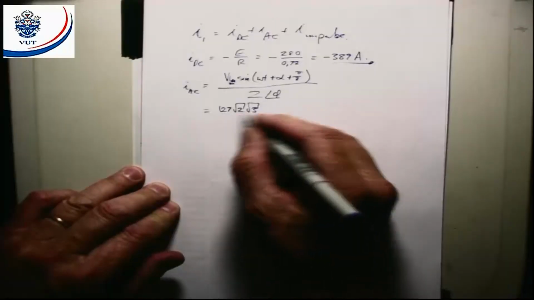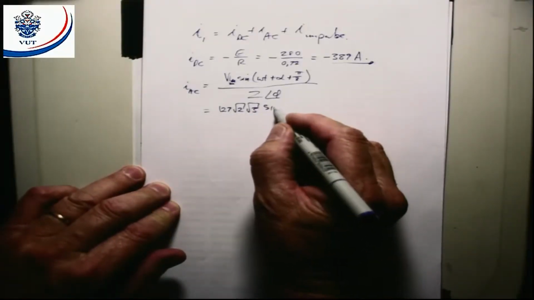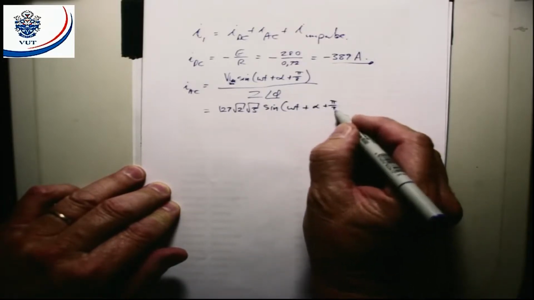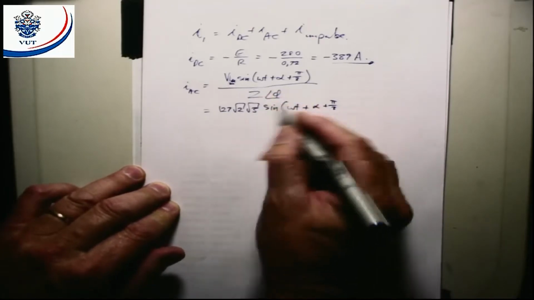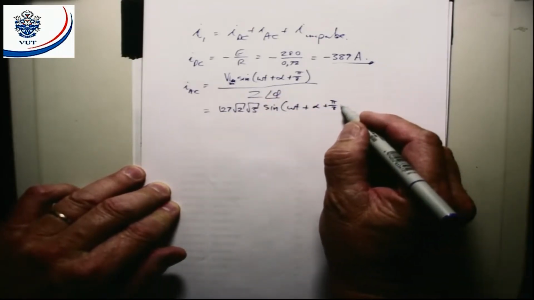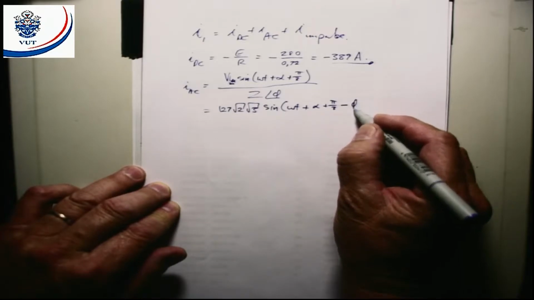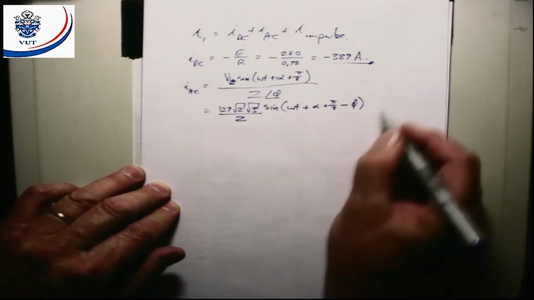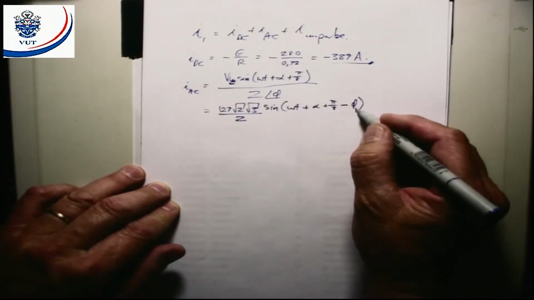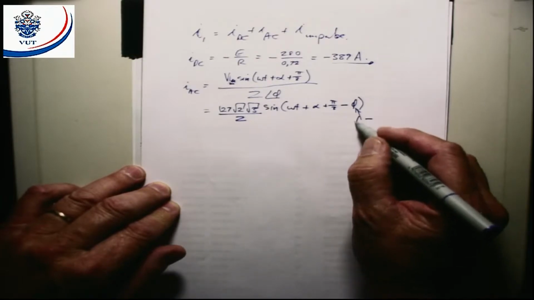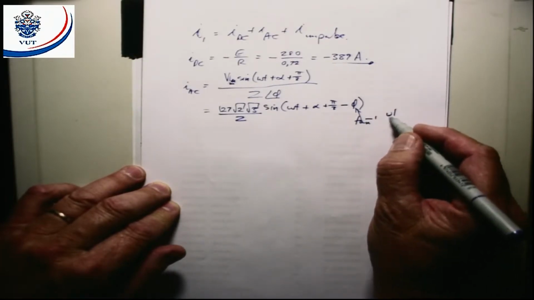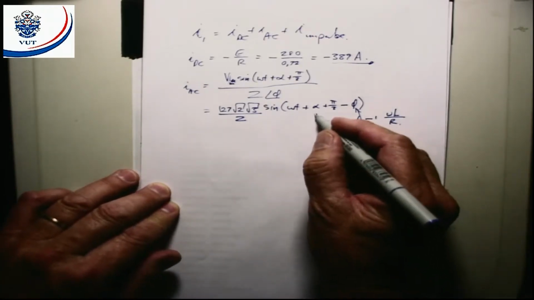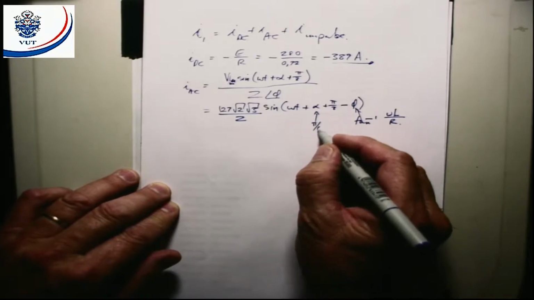So that there is the V line max, and then sin(omega t plus alpha plus pi over 3) we all agree with. And then if I have Z here, here I will have minus phi, do you agree? And that will be divided by Z. And that phi is the arctan of omega L over R. That one in this case is pi over 6.